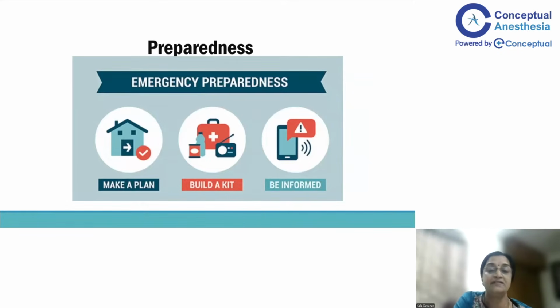Being prepared for an emergency, what does it mean? Especially for an intubation, it equals being prepared for any sort of emergency. Make a plan accordingly. Build a kit with the equipment you are comfortable with and be informed of its advantages and limitations. This is how, especially for a freelancer, you should have everything ready. And even when you're working in institutions, your cards, your emergency.